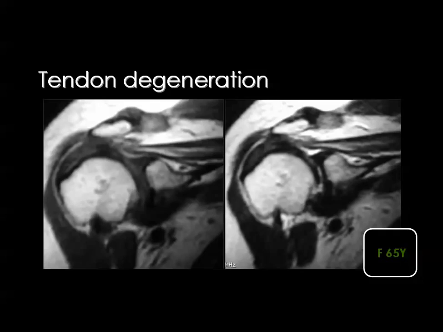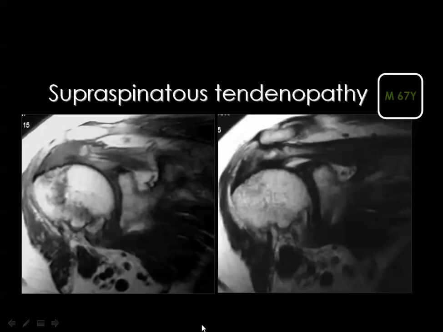In this particular example, you can appreciate that the supraspinatus muscle is relatively atrophic, and you can identify also linear fat signals within the muscle, and you can know the cause. You see that this patient is old, and in old age you may notice some atrophic changes in all the muscles of the shoulder girdle.